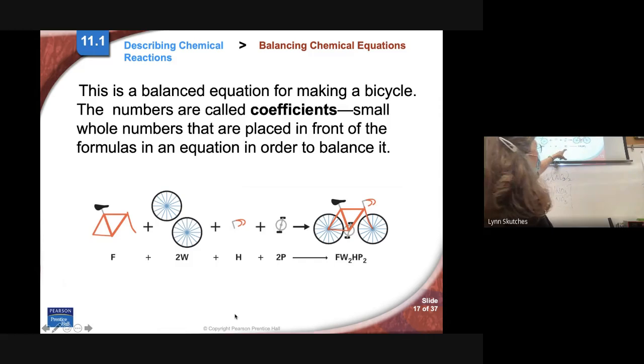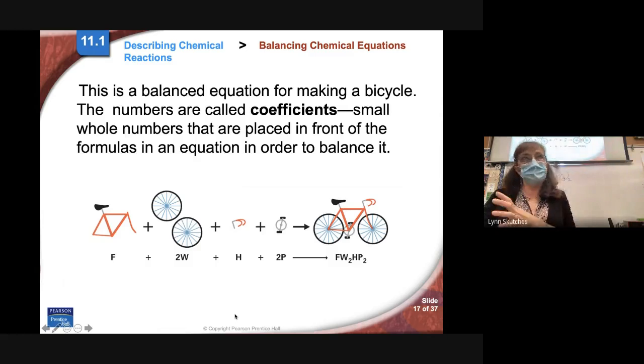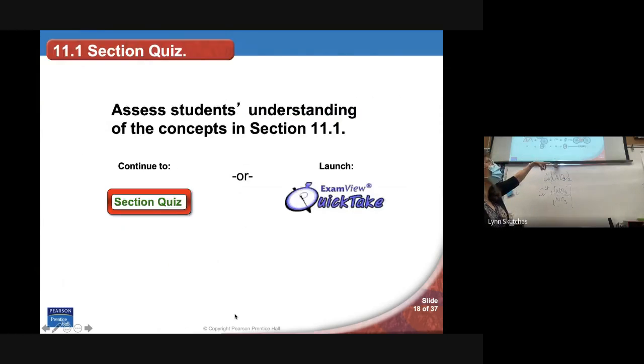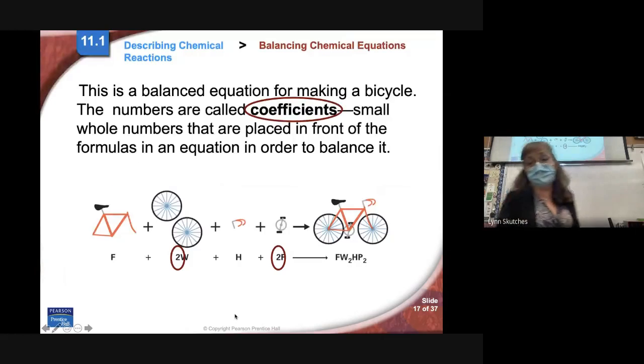So one frame, no subscript, two wheels, you put a subscript two, handlebars, two pedals, subscript two. You have to have all the pieces to make your product. Reactants on the left, ingredients on the left, parts on the left, product on the right. The coefficients will often, but not always, become subscripts on your final product.